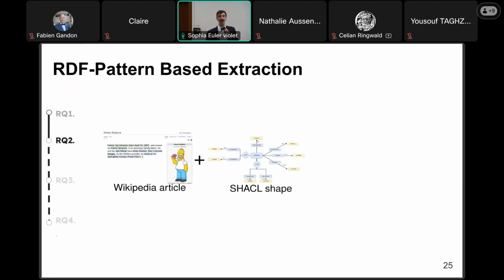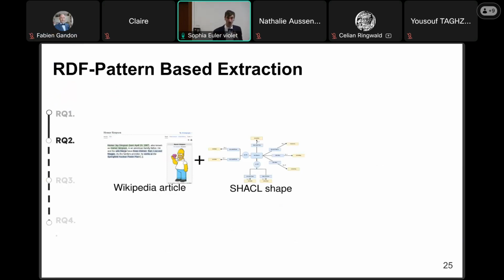So, okay, I told you about relation extraction, but in our case, we propose to reformulate it as a new task, which is called RDF pattern-based extraction. So you have a Wikipedia article, and we propose to use a SHACL shape that defines which relations we want to focus on.